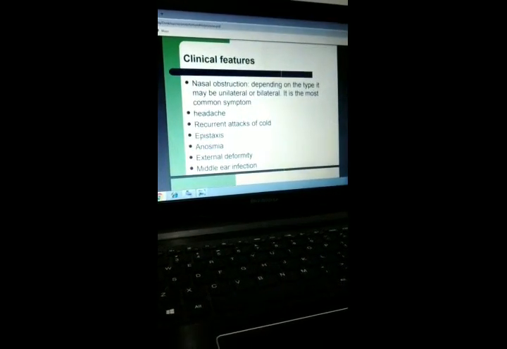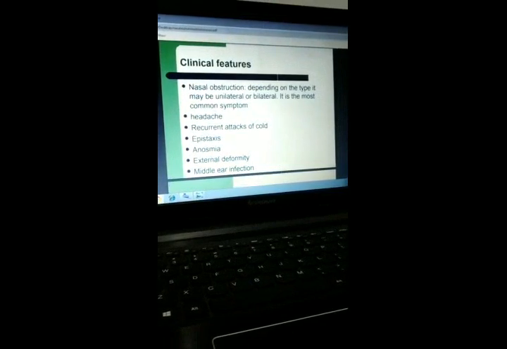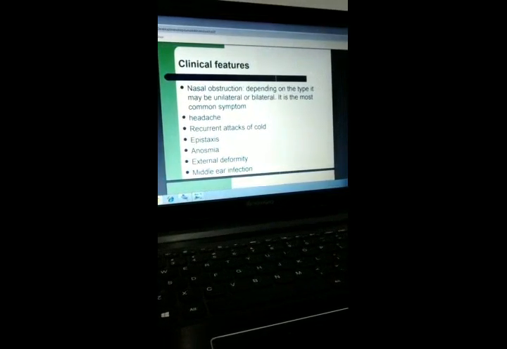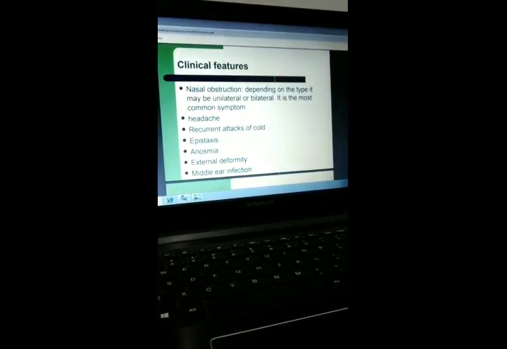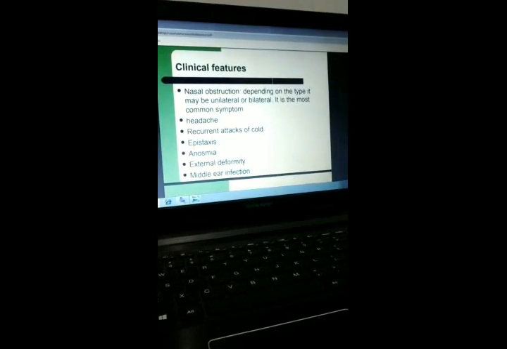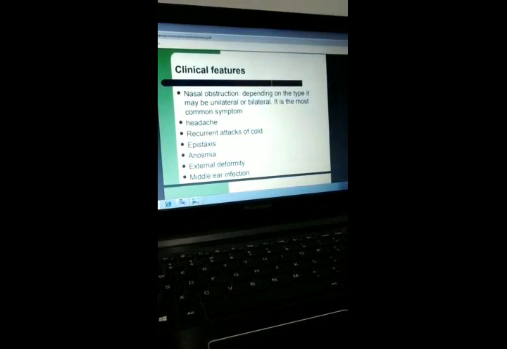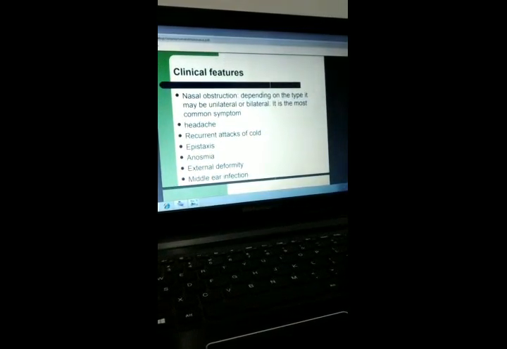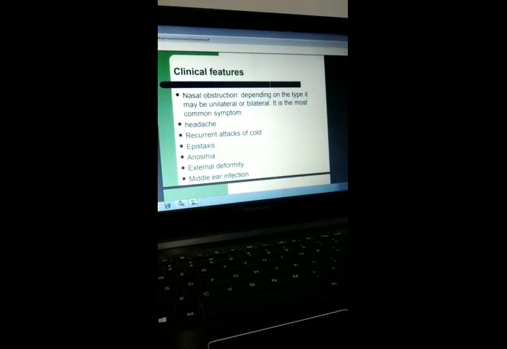Anosmia is another important symptom that is due to the failure of the inspired air to reach the olfactory region, which may result in total or partial loss of sense of smell.